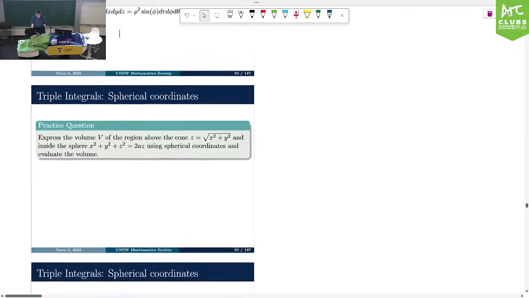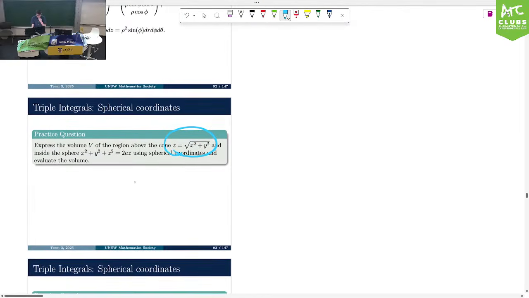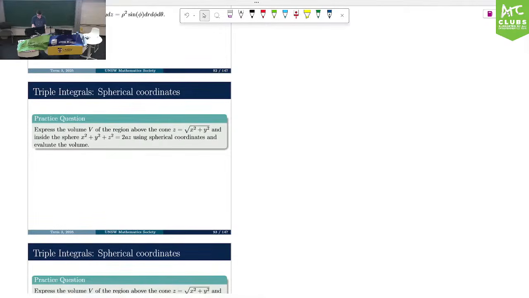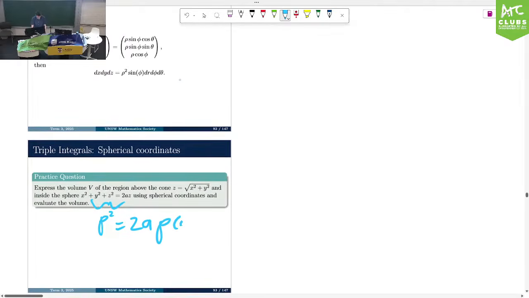So we'll use that here. We have a cone equal to the square root of x squared plus y squared, and we have this sphere. The first thing we want to do, because this looks a lot like spherical geometric structures, is represent this in terms of spherical coordinates, because that'll make it easier to find the volume. Again, we're using the function 1 that we're going to integrate over here. So for the sphere, rho squared, because that's the radius, is equal to 2a rho cosine phi.